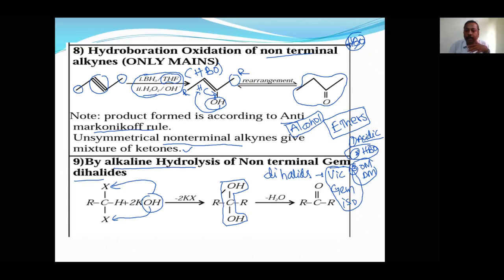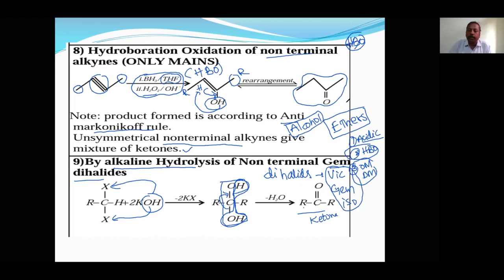That's why immediately it will remove a water molecule like this. So this is the mechanism. Now this double bond will shift here, so R-C double bond O-R. This is how the ketone is formed. This is our ninth method of preparation.